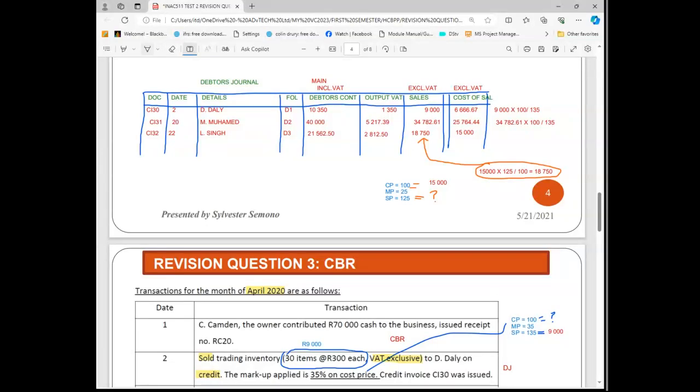Like in this case, they gave me 15,000 for cost of sale. It is not possible to calculate output VAT. It's not possible to go and calculate debtors control. The only next step can only be calculation of sales, before I can come and calculate the other columns. So the importance is knowing what they gave me first.